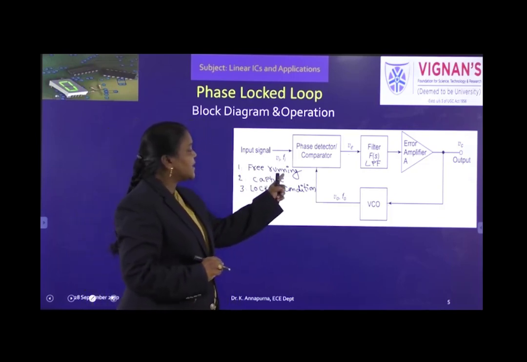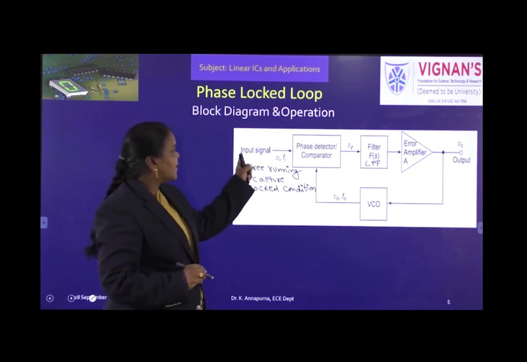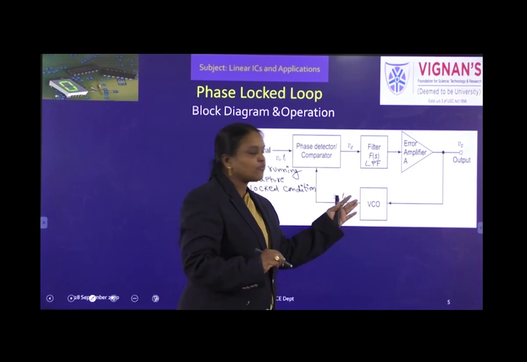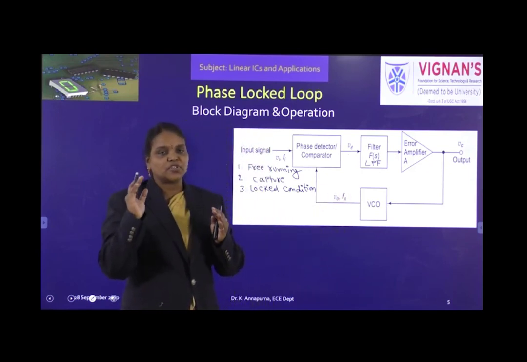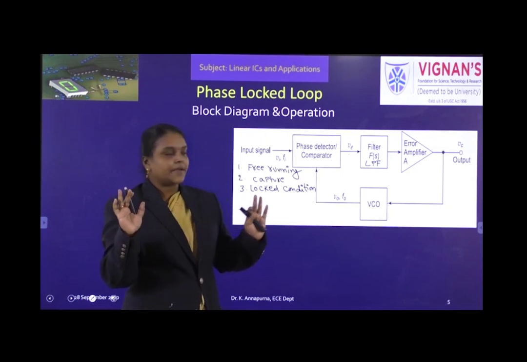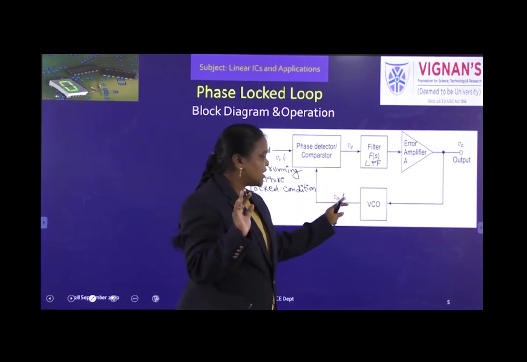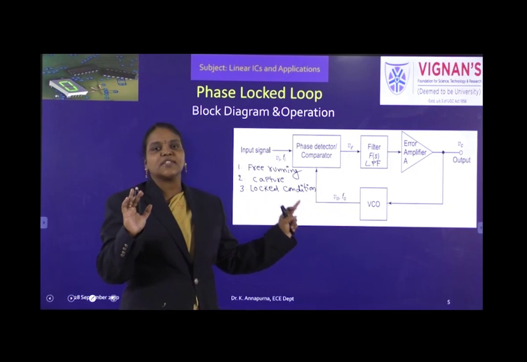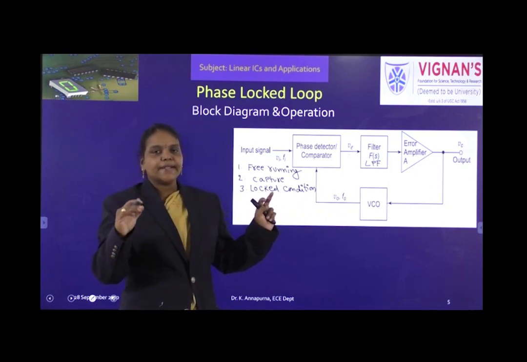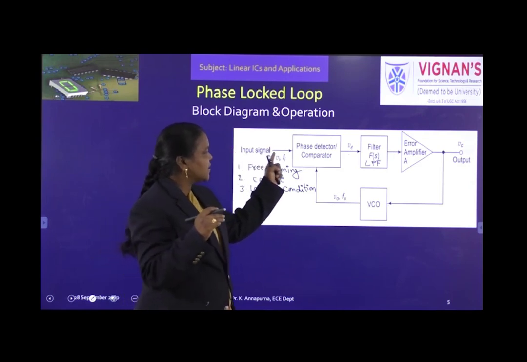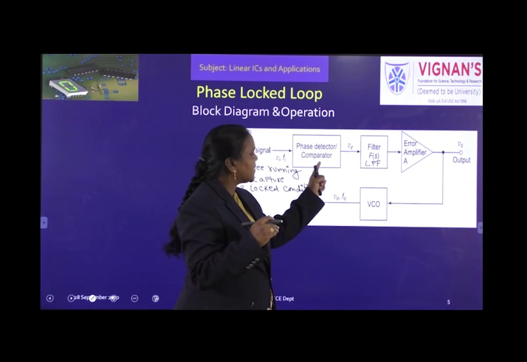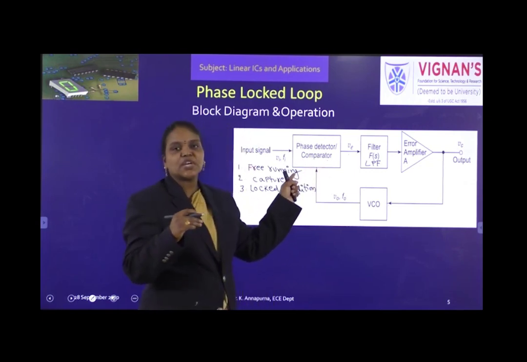In the free running state, when there is no external input signal, the VCO on its own generates some frequency of oscillations, that is, there is no control voltage. Based on that, it generates some frequency of oscillations, which is said to be the free running state.